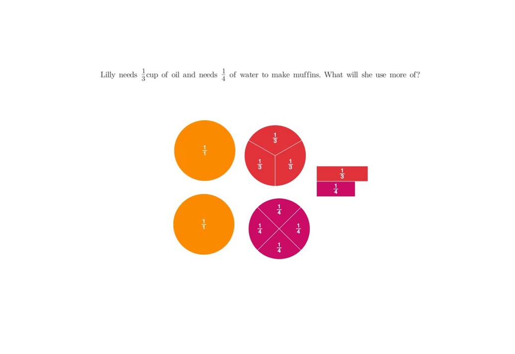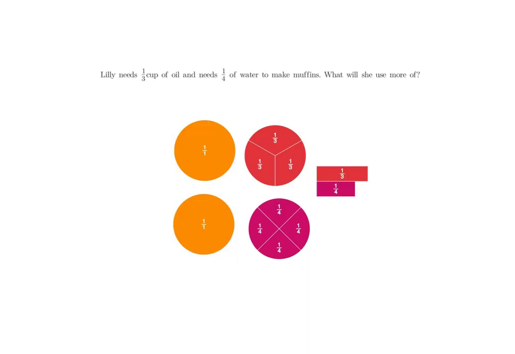Hi, for our second question: Lily needs 1/3 cup of oil and 1/4 cup of water to make muffins. What will she use more of? Here we can visually see our whole as 1 over 1. Same with this one.